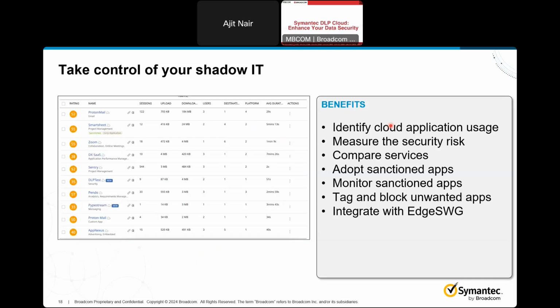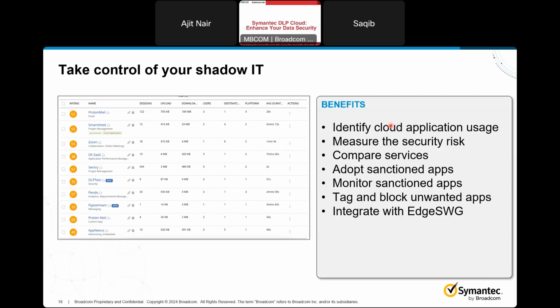Not just usage, but we also give you information regarding the location and the volume of data that is exchanged, and the number of user sessions, as you can see on the screen over here.